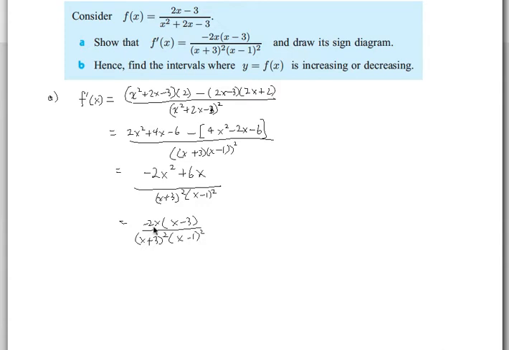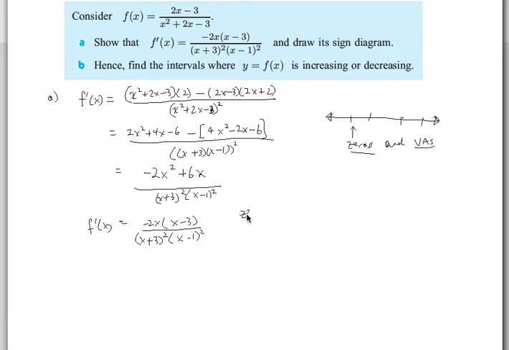So how do I draw the sign diagram? Well, the sign diagram requires zeros. I need to have some points on here, zeros and VAs first, right?